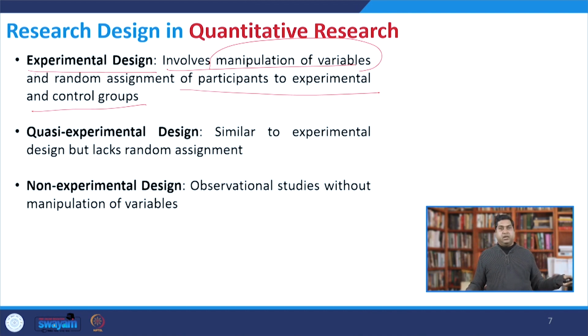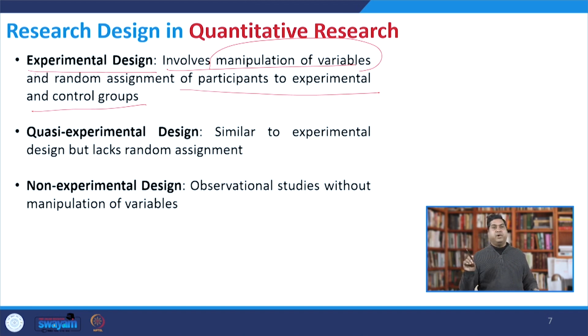As I just mentioned, if you want to understand human perception of thermal comfort in some indoor environment, maybe the parameters are temperature, humidity, then the wind flow, etc. Those are nothing but different variables.